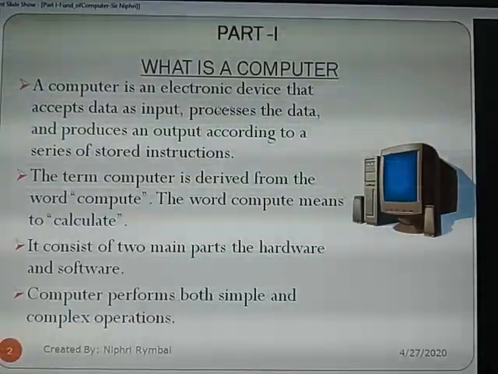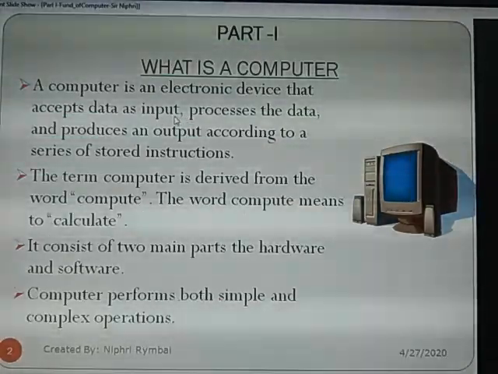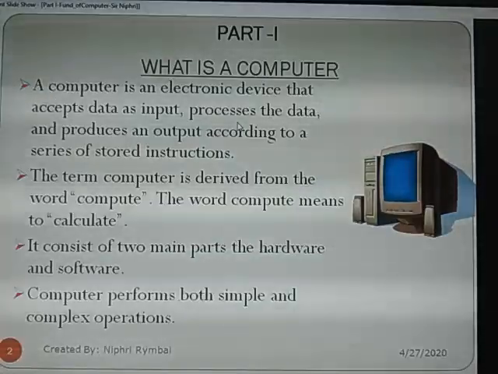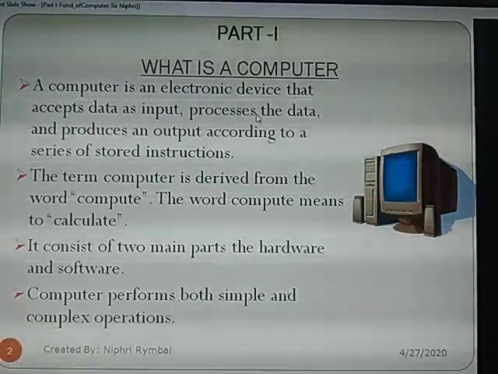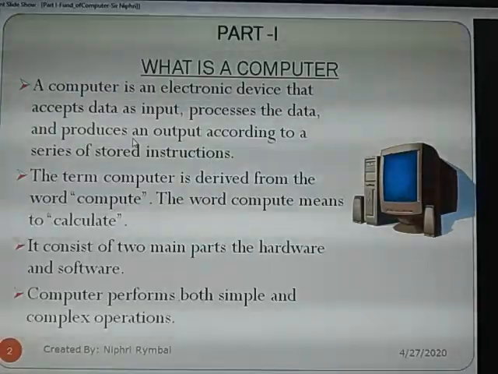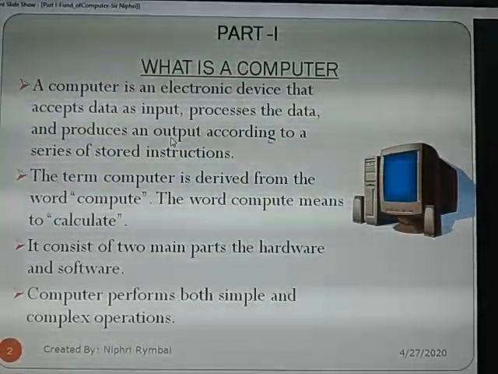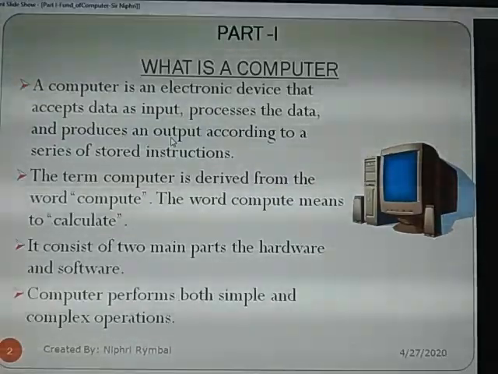A computer usually accepts data from the user through the input unit like keyboard and mouse, processes those input data with the help of the processor, or the brain of the computer, and produces the information or the results to the user through its output unit like monitor.